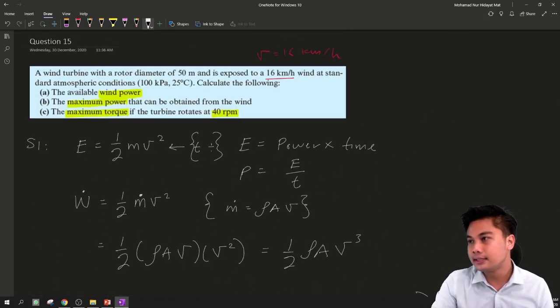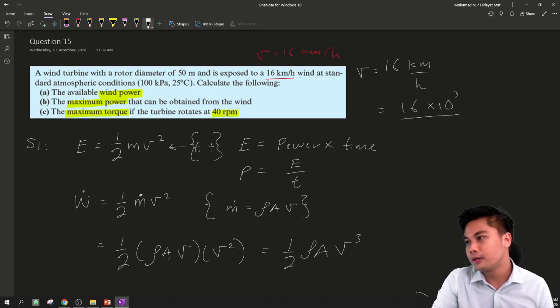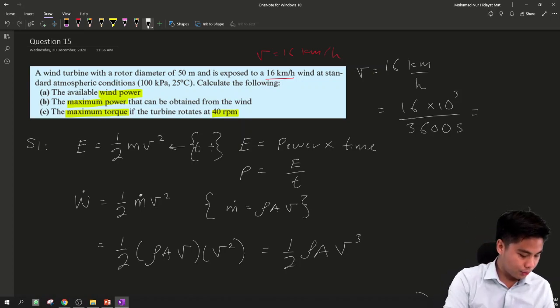Convert this velocity first to SI units: 60 times 10 to the power of 3 over 3600 seconds.